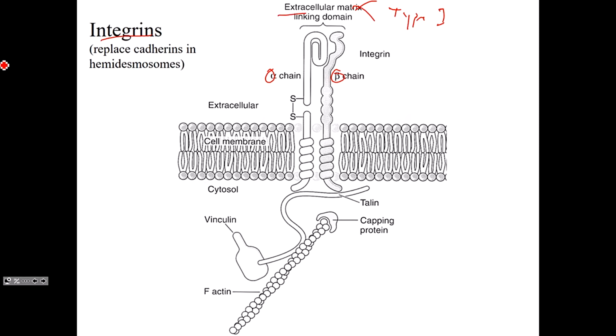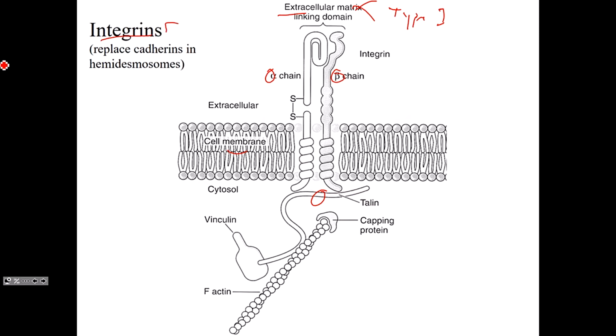Now these integrin proteins then pass through the cell membrane and they're linked to intracellular cytoskeletal components. So then they form a bridge which will link the cell to extracellular material. So it's holding the cell in place, if you like, hence connective tissue. It's connecting the cell to the extracellular material via these integrins.